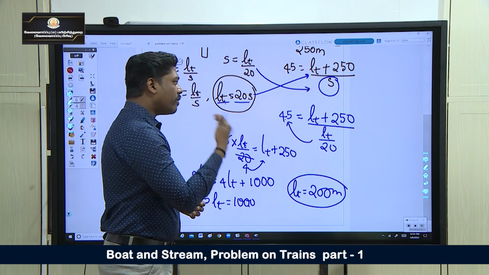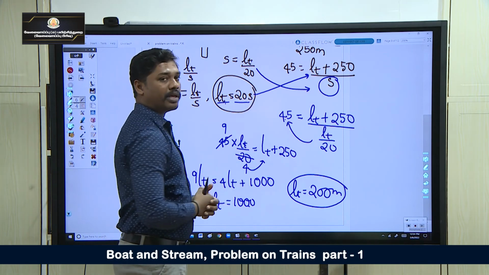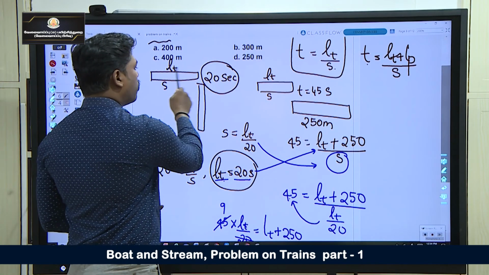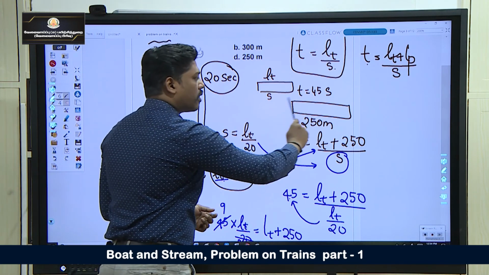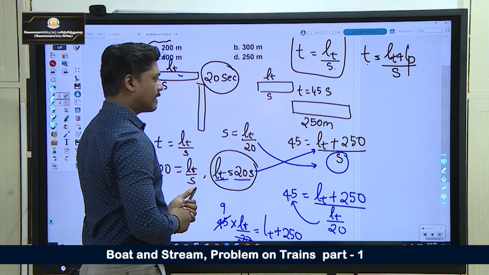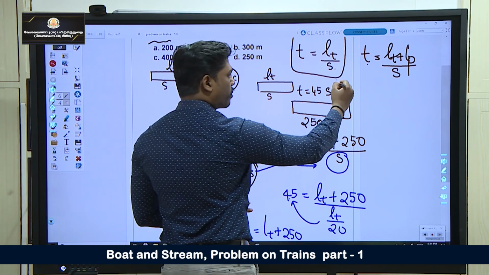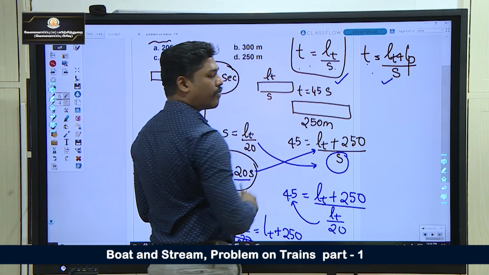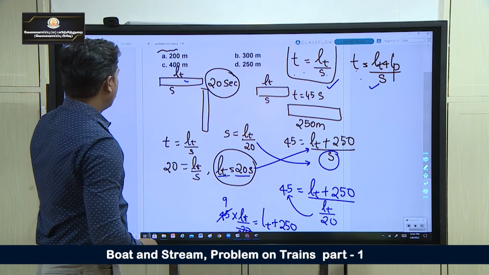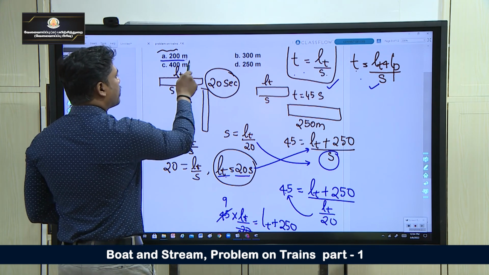When they are asking length of train, substitute S value there. A train first moving past an electric pole, the same train with the same speed crossing over the platform. We are having two sets of formulas. This is stationary point, stationary platform. Is that clear? So the answer is 200 meter.